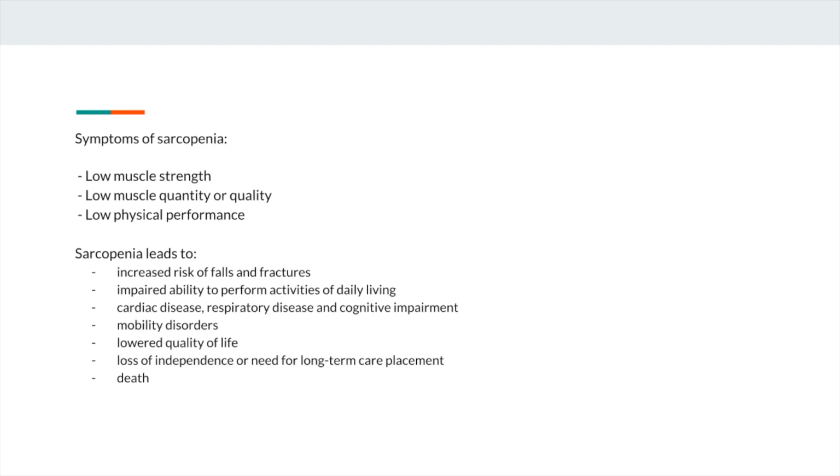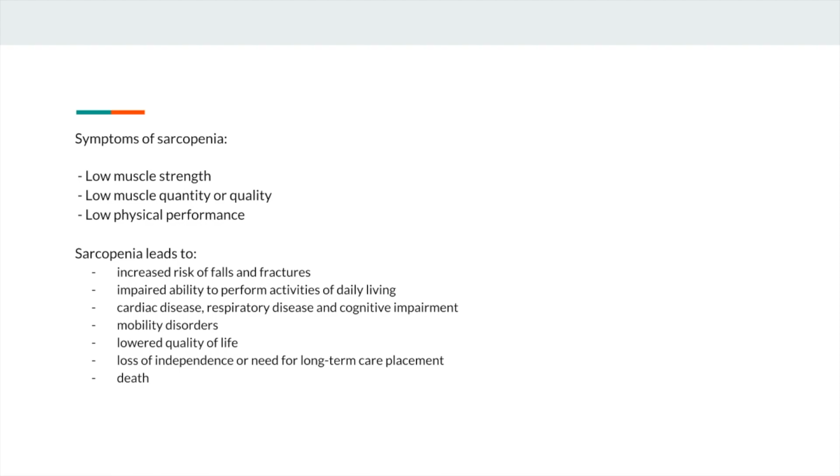Symptoms of sarcopenia are low muscle strength, low muscle quantity or quality, and low physical performance, including falling, feeling weak, weight loss, muscle wasting, having slow walking speed, and difficulties in rising from a chair.